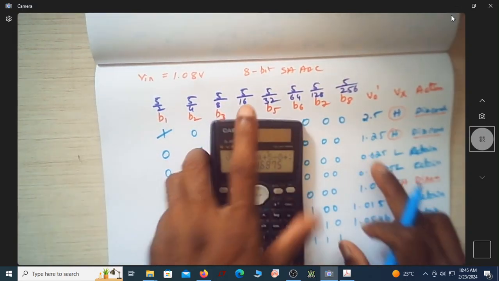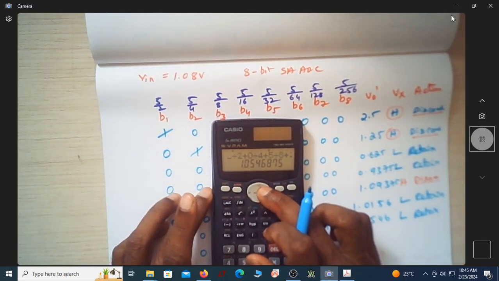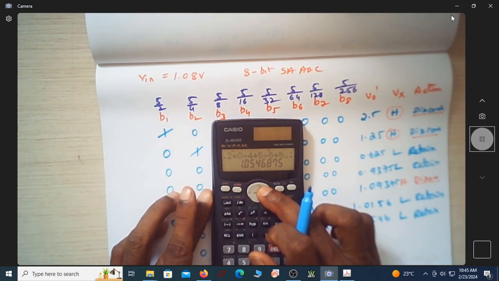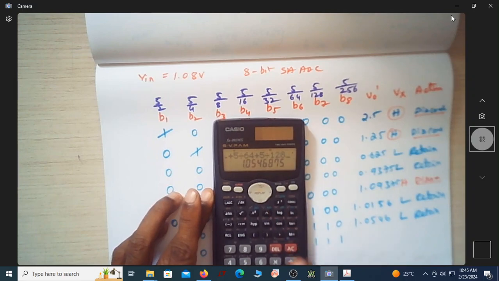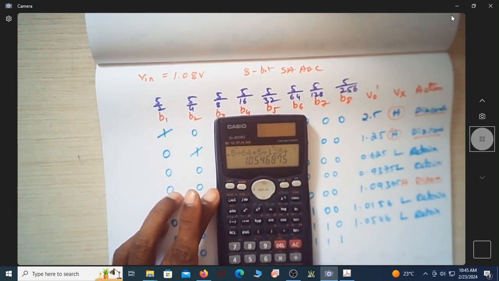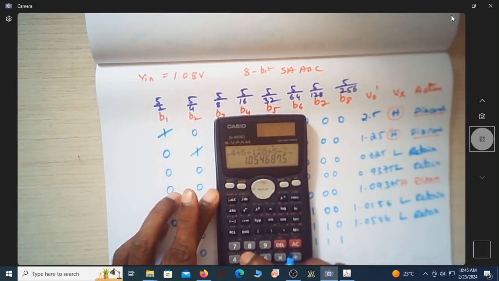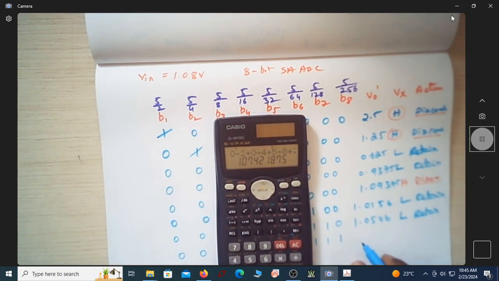So this is actually 5 by 256. So to this earlier value you add 5 by 256. So what is the value? Now it is 1.0742, which will again give low. You retain.